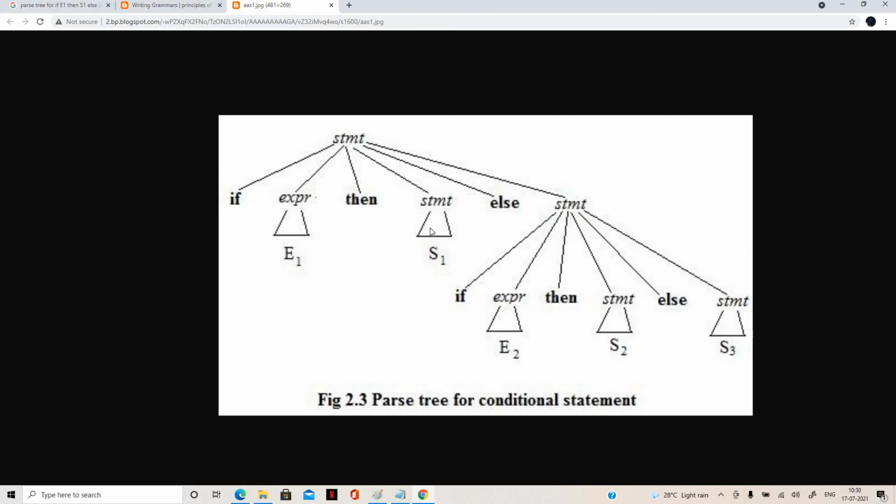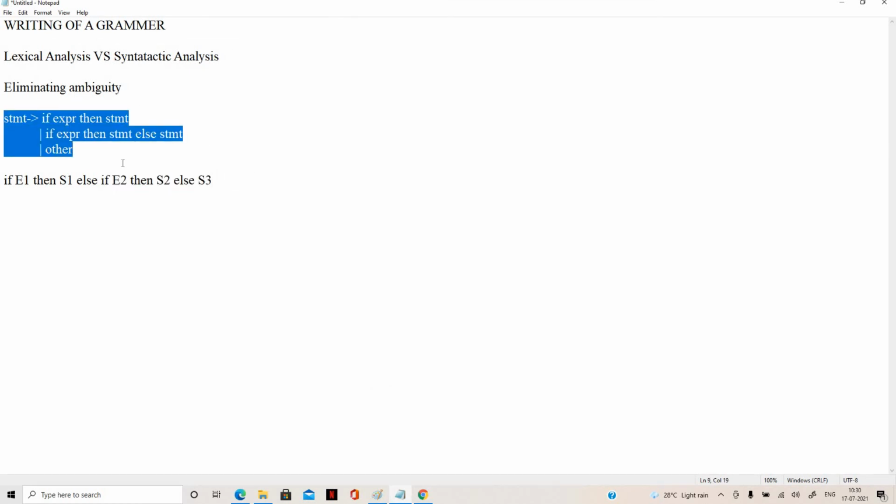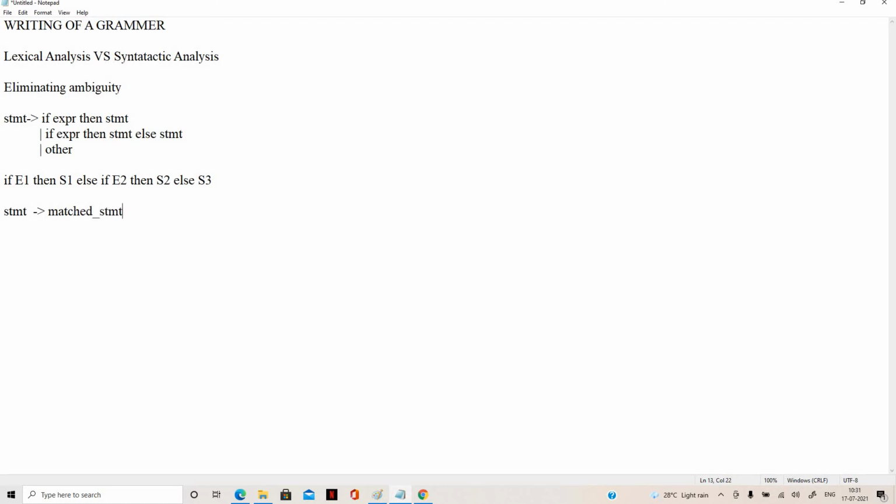Once you reconstruct the grammar, it will be like this. This grammar is ambiguous, meaning we can construct more than one parse tree. Here the unambiguous grammar will be like this. Statement: matched statement or open statement.